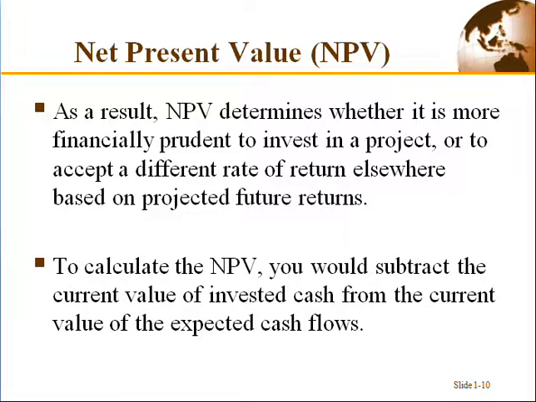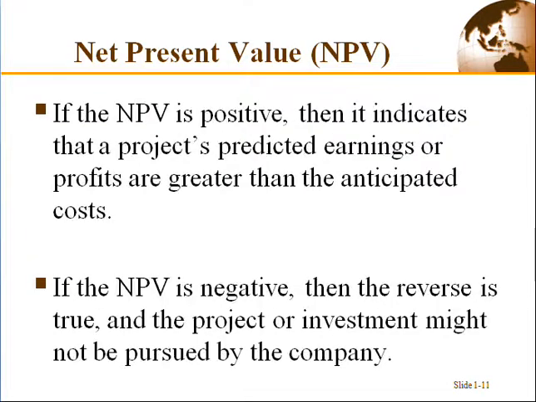So as a result, NPV determines whether it's financially worth it to invest in a business that has future return or not. To calculate it, you subtract the current value of the investment you are making from the current value of the cash that is expected to flow into that business.